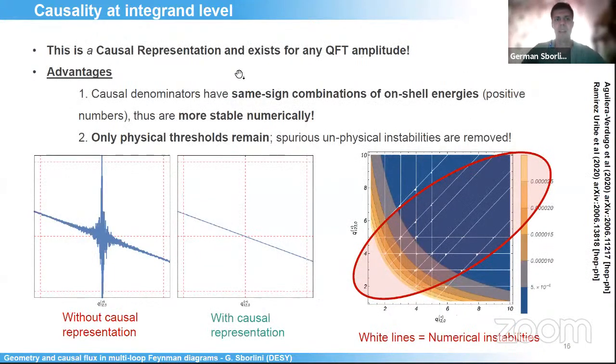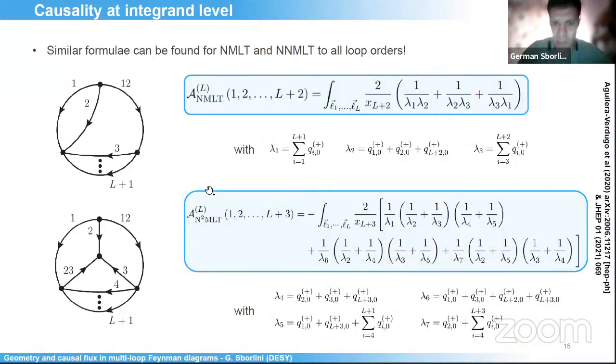So this causal representation, this representation in which we only use these lambdas to write the amplitude, is something very general that has very important advantages, because we have same-sign combinations of on-shell energies. Look here, for instance, in these definitions, we also have sums of these q_i,0 pluses.